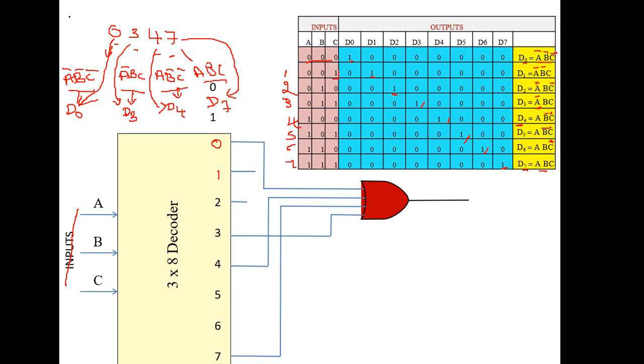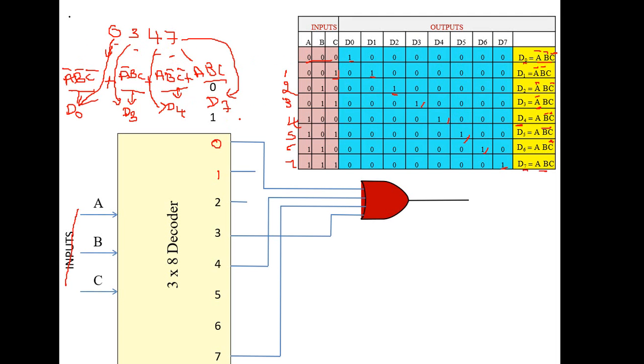So these all we have to take with a plus in equation form. Why? Because it is in SOP form. Why is it SOP? Because here it is summation of m. So converting into SOP, the equation is F of ABC equal to D0 plus D3 plus D4 plus D7.